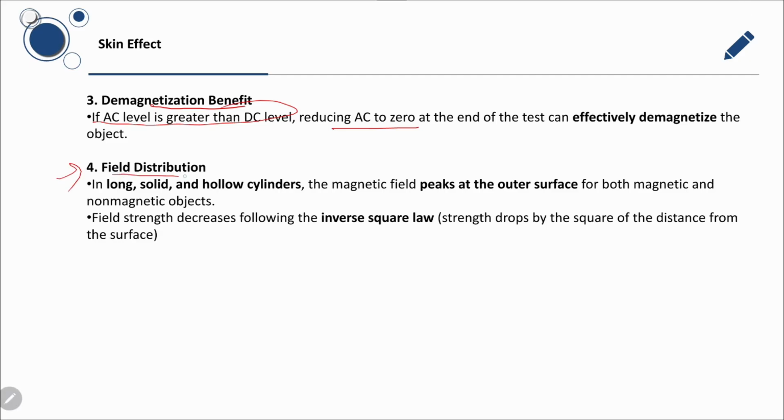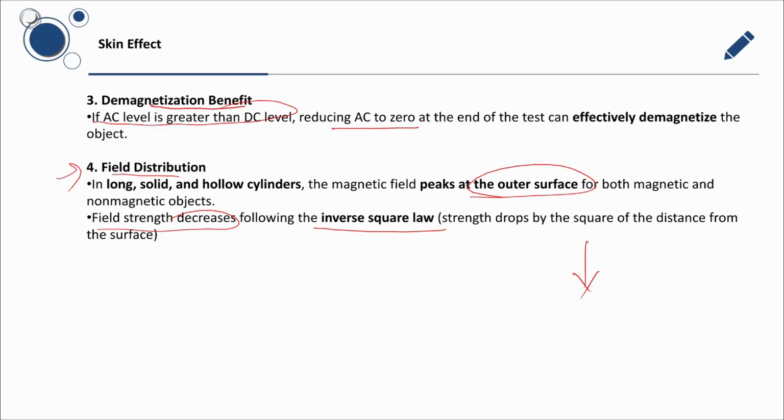The next topic is field distribution. In both long solid cylinders and hollow cylinders, whether magnetic or non-magnetic, the magnetic field is strongest at the outer face. As you move away from the surface, the field strength decreases. This decrease follows the inverse square law, meaning the strength reduces in proportion to the square of the distance.